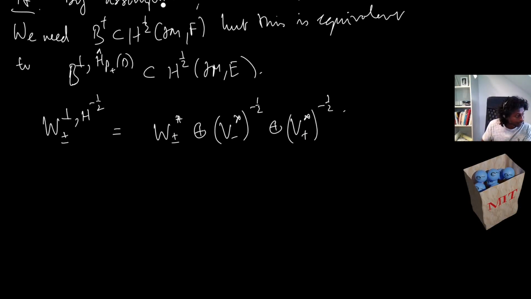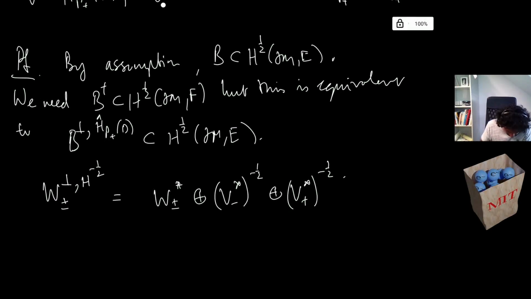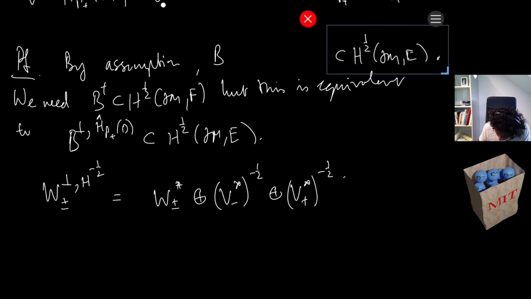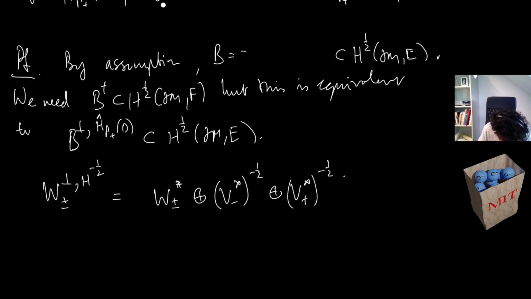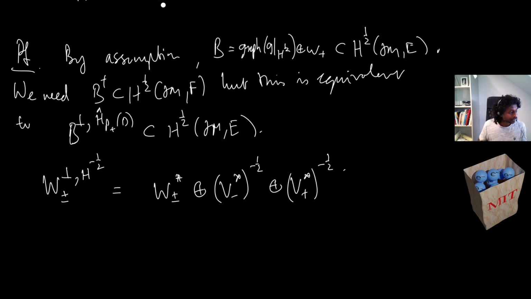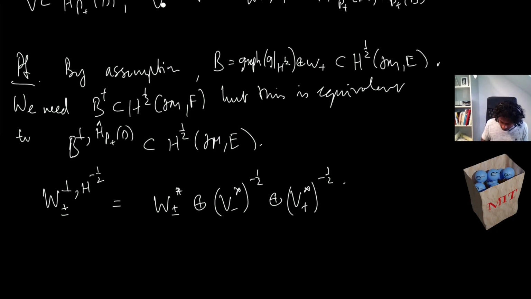Okay, good. So now we have a graphical decomposition, right? So B is, I should really say here that B is equal to the graph of G restricted to H half plus W plus, and this is now sitting in H half. So if we want to compute the annihilator in H check, we first compute it in H minus a half and intersect with H check, right?